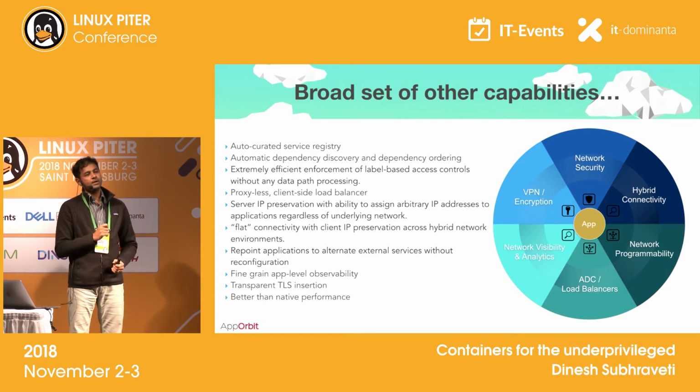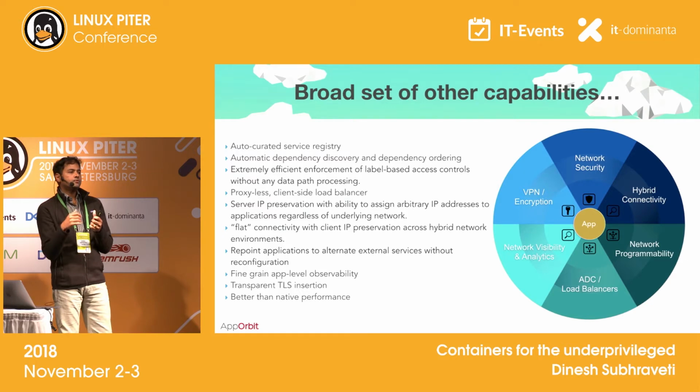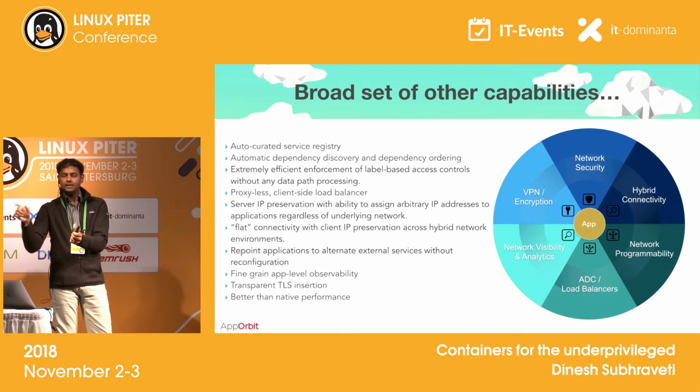I can create a reference to any of those services that may or may not exist by specifying an IP address and a port. This is how I want to access the service that I'm about to specify, and this service reference has a label selector. The label selector might be, I'm looking for this particular application, app equals whatever, and then port equals something, whatever.